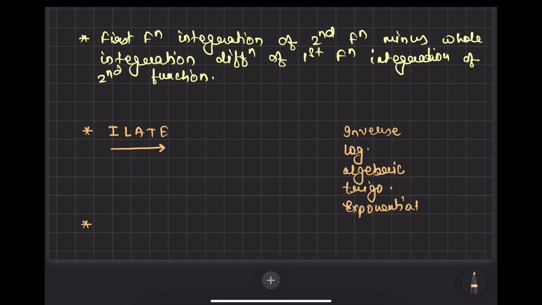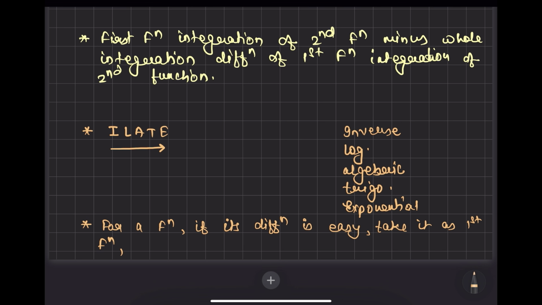So look at this. For a function, if its differentiation is easy, take it as the first function.